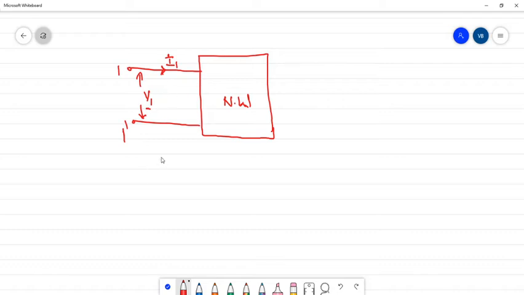Here we have written V1, I1, and similarly the output port that is named 2 bar has the potential difference of V2. Let us take V2, and here the current is also drawn inside. Why?